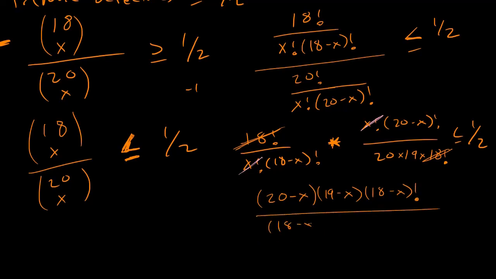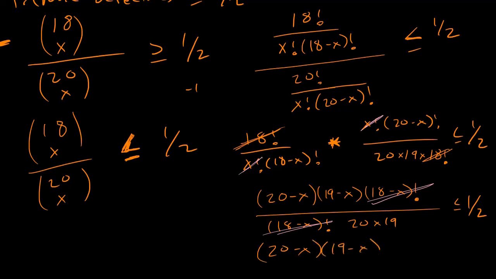We still have this 18 minus X factorial here. Then we still have this 20 times 19. Okay, this guy here, let me use a different color. So he will cancel with this guy, right? And I'm left with 20 minus x, 19 minus x, and 20 times 19.